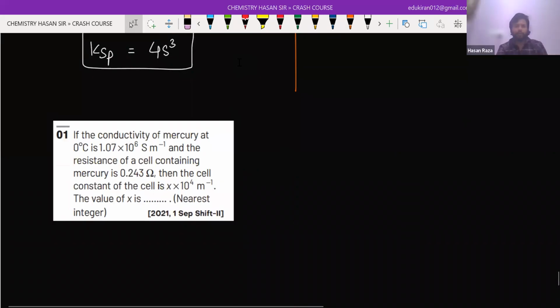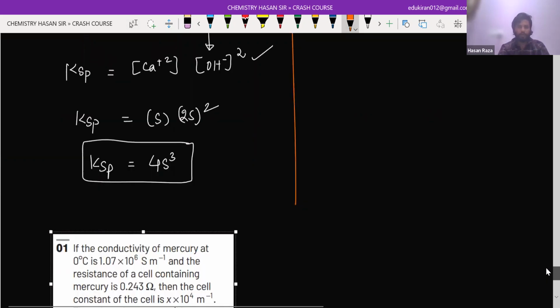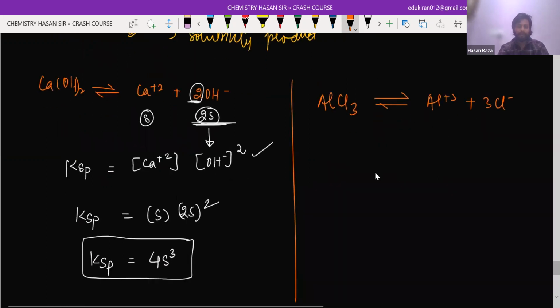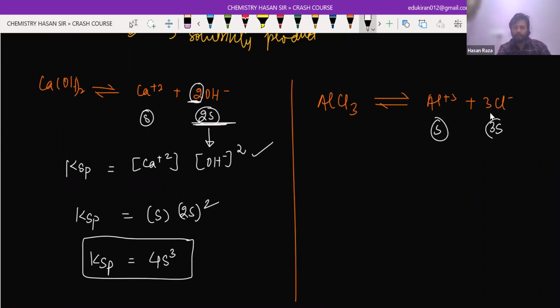No, Riyaz, it's not 8s into 10 raised to the power 5. Just wait a minute, hold on a minute, everybody. Rehan, sorry. You can see there will be S and there will be 3s because of this stoichiometric coefficient. If you write the value of Ksp, it will be concentration of Al plus 3 into concentration of Cl minus raised to the power 3.